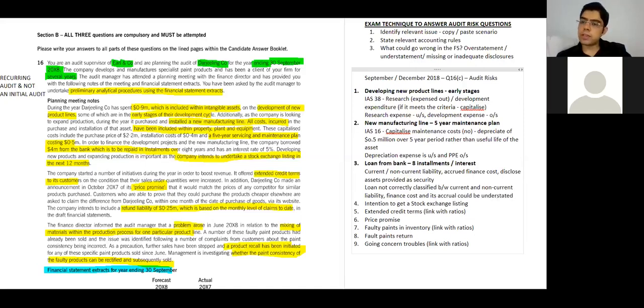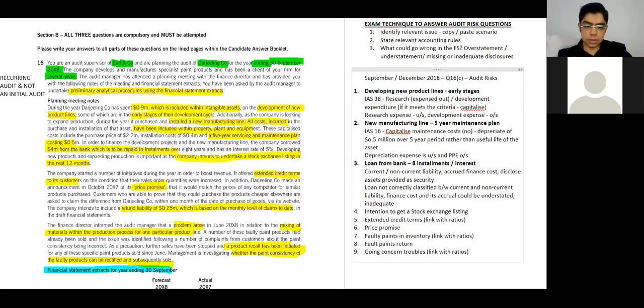You did not recognize finance cost correctly, you did not record its accrual. There could be inadequate disclosures of assets provided as a security. These are all the issues that could be there in the financial statements.